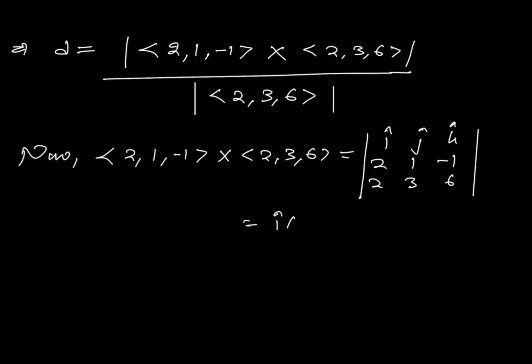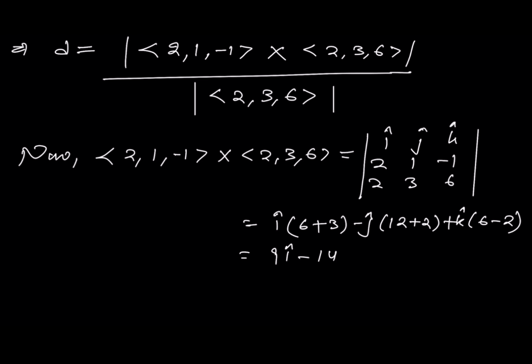So I times 6 plus 3, minus j times 12 plus 2, plus k times 6 minus 2. So this will be 9i cap minus 14j cap plus 4k cap.